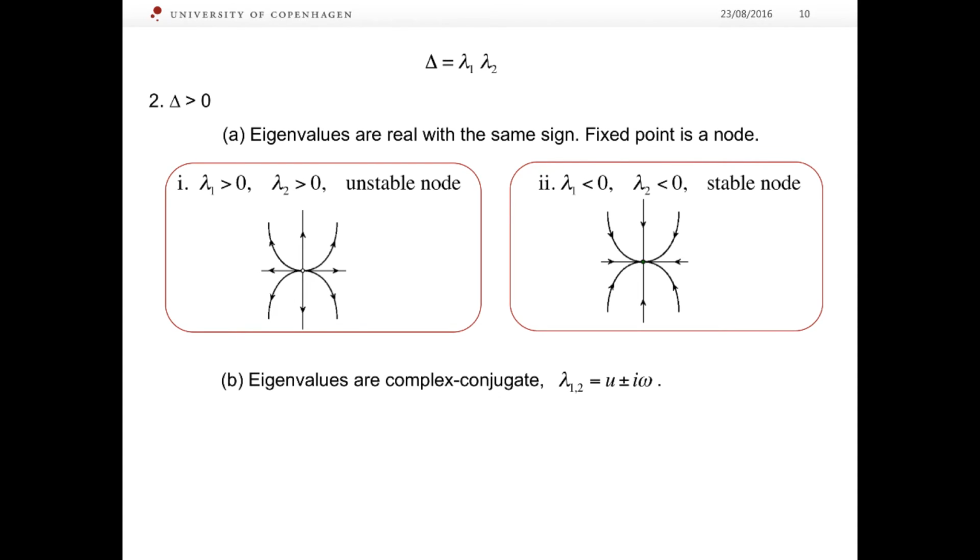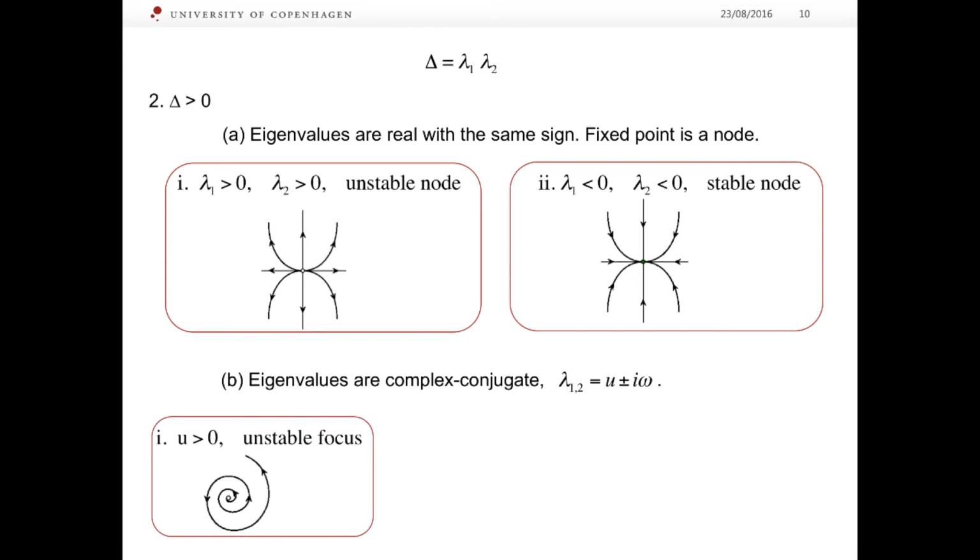Consider the second option for the determinant to be positive. It is possible for the eigenvalues to be complex, and in particular complex conjugate. So they can be represented as real part u plus or minus i, the imaginary unit, times the imaginary part w. The first possibility is when u, the real part, is positive.